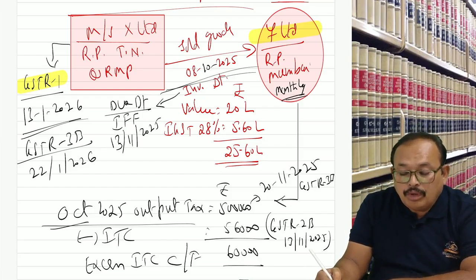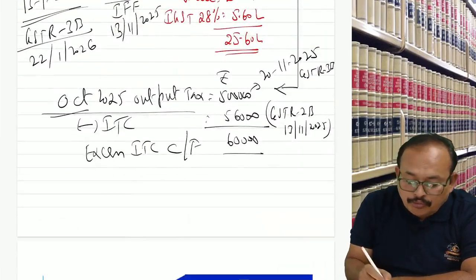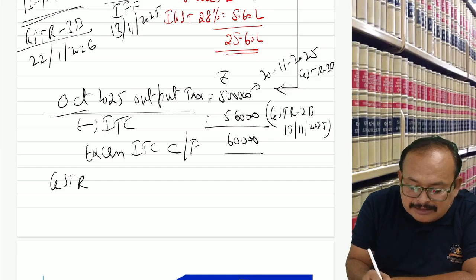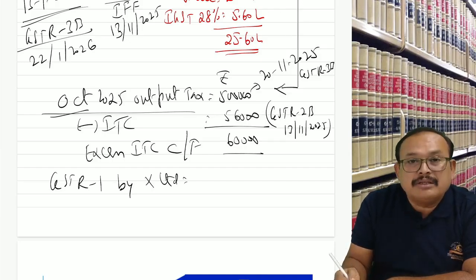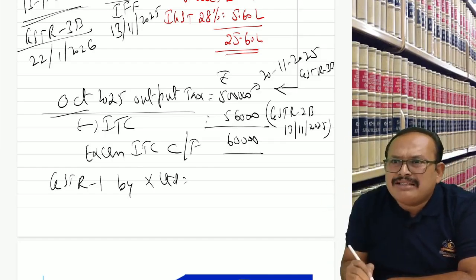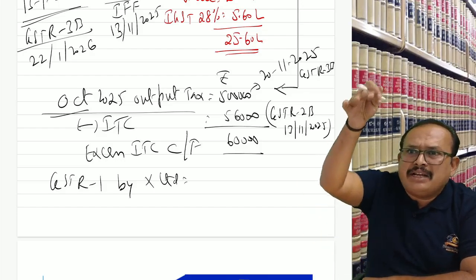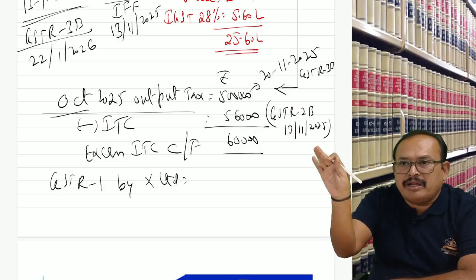Now this X Limited says, I want to file the GSTR 1 return. In the GSTR 1 return, again he has to show the invoices which are already shown in the IFF. Is it so? Law says not required.